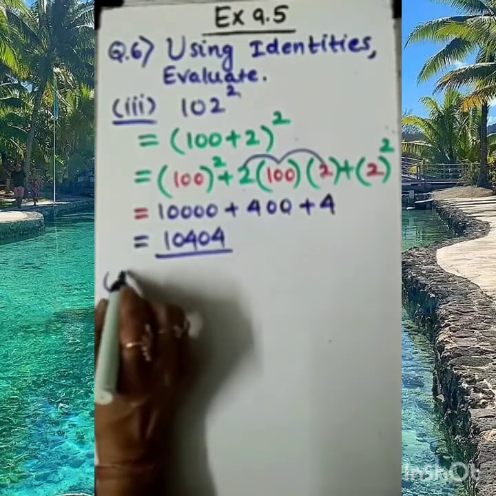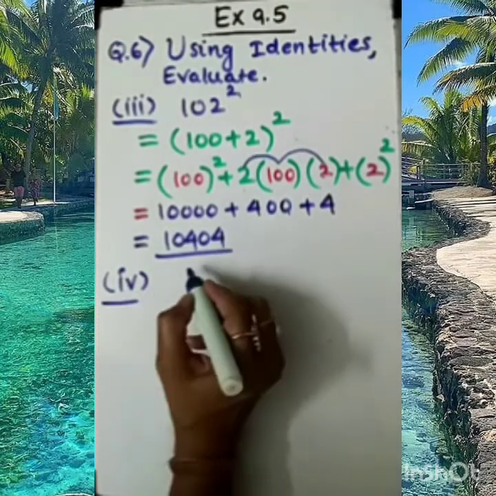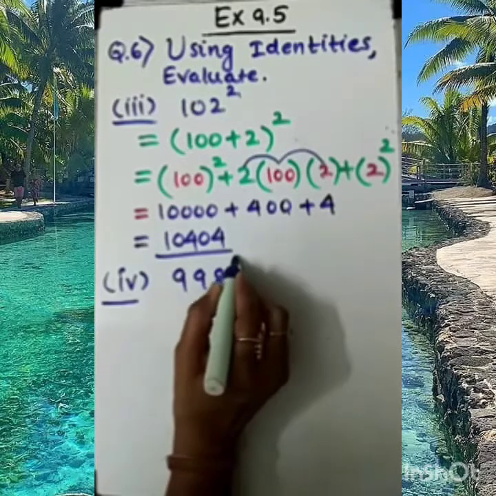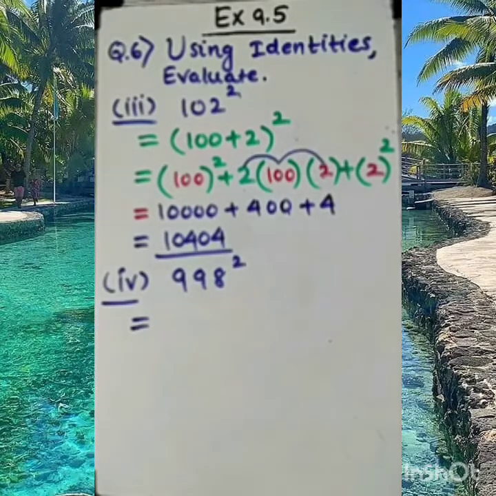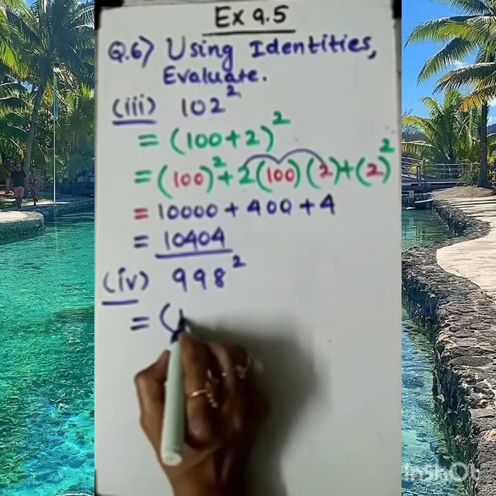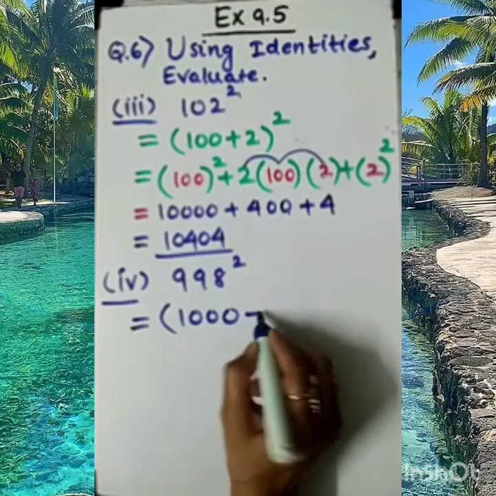Now we'll work out the fourth. What is the fourth question? 998 whole square. Which one is the nearest round off number? Round off numbers we have learned. So the round off of this is 1000.